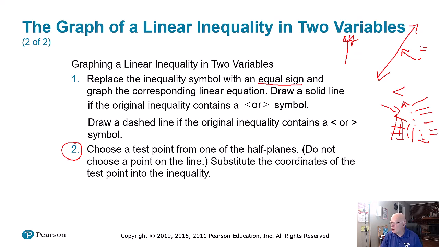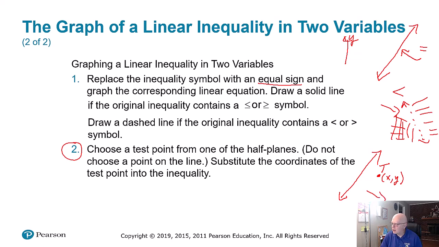Any point at all. So if we've got a line like this, that was one with an equals, right? And we're wondering, is this the right side? So we'll use some point that's easy to pick out. There's our test point.